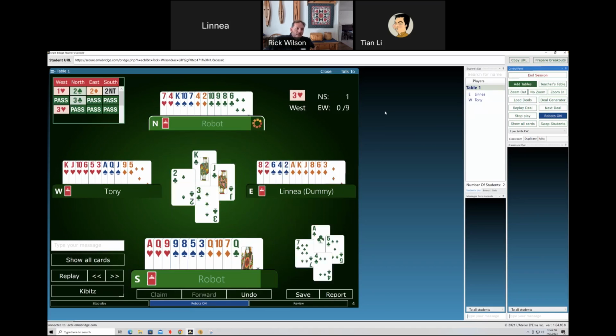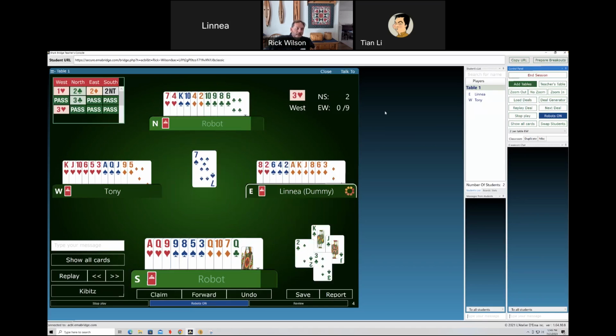Suppose it went pass, then what should I have bid? Over the 2 no trump pass. I would pass, because you've already bid your hand, and South is showing the queen of diamonds, so that doesn't sound great.